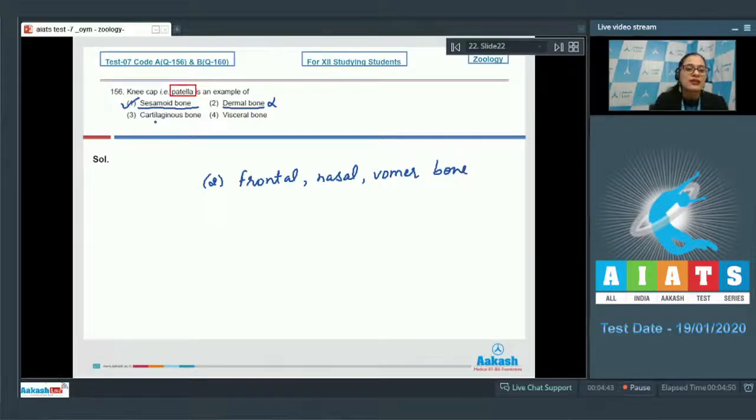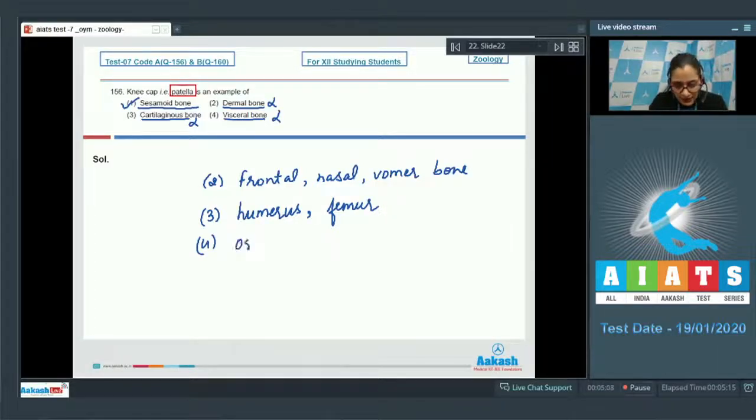The next option is cartilaginous bone, and this is an incorrect option because examples of cartilaginous bone or replacing bone are humerus or femur, whereas an example of visceral bone, which is an incorrect option, is os cordis, etc. So the correct answer to this question is option number 1. Let's proceed to the next question.